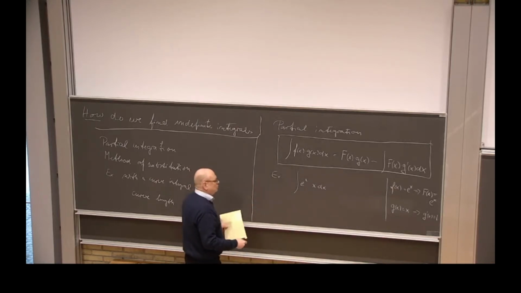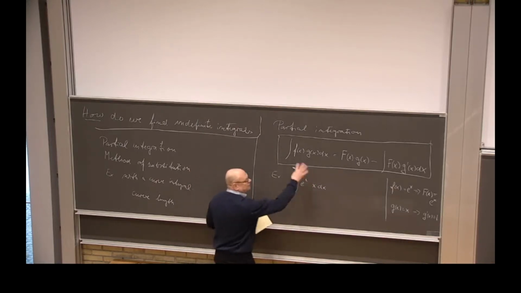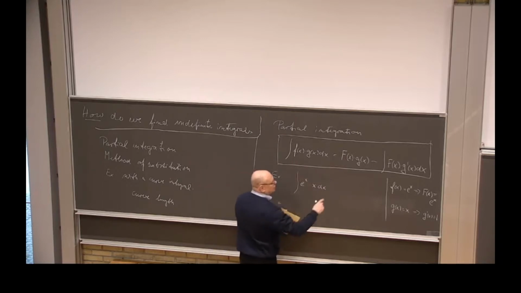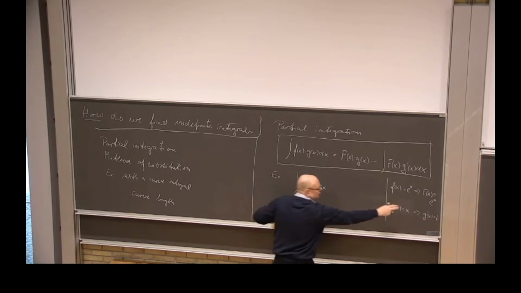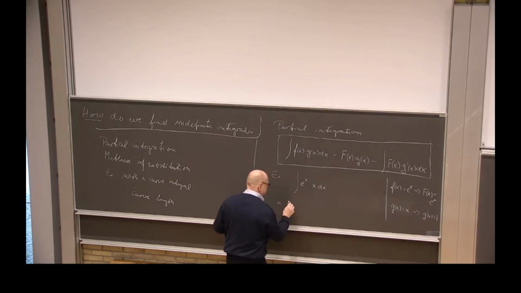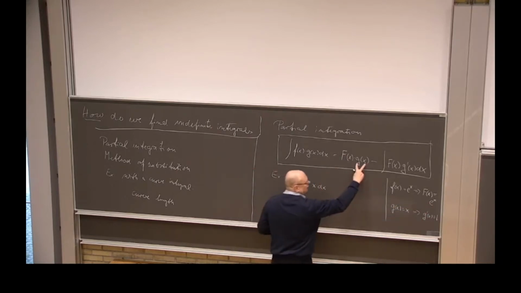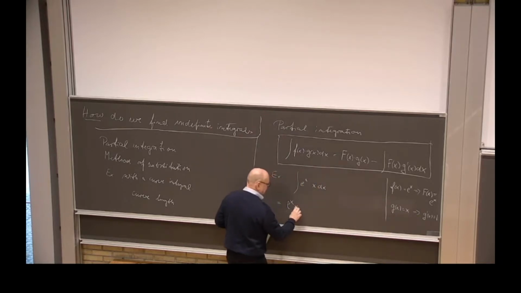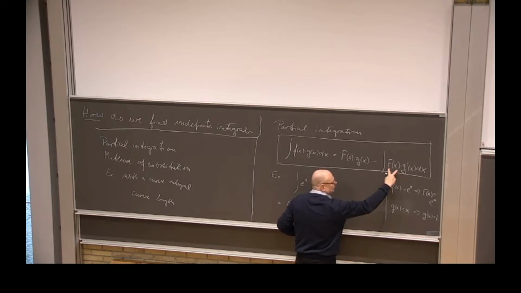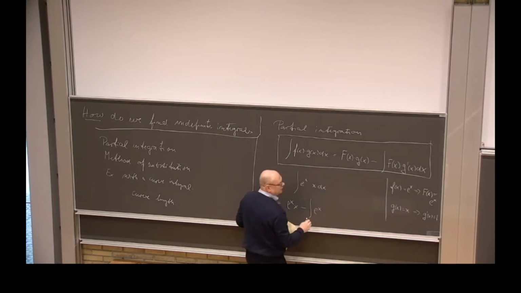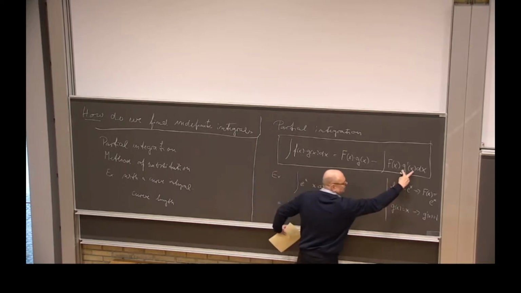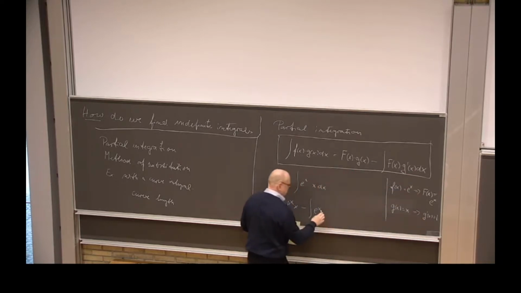Okay, so let's try to use this. Instead of this, I should put e to the x times g of x, which is x, and then minus the integral, and I still have this f of x, which is e to the x, and then the derivative of the g function, which is a 1.